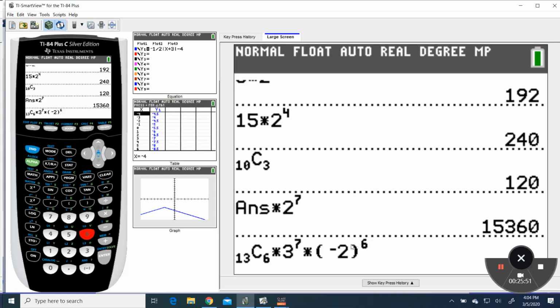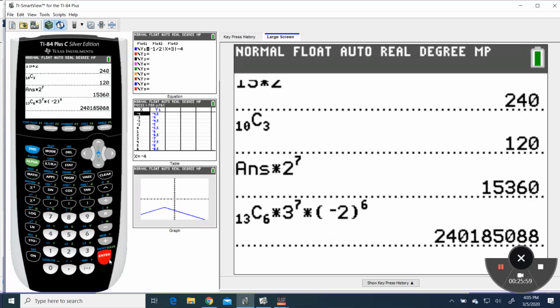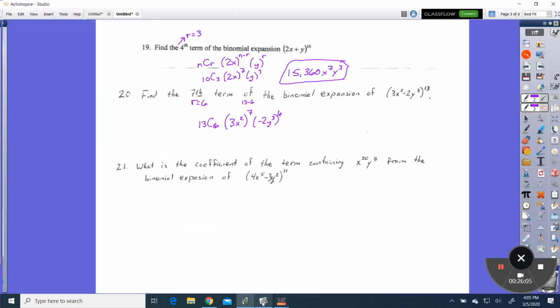Basically, all that does is make sure that comes out as positive. That would have been an odd power. It would have come out to be negative. Okay, and so then I get 240,185,088. So that takes care of the number.